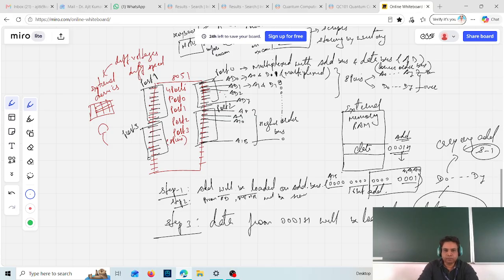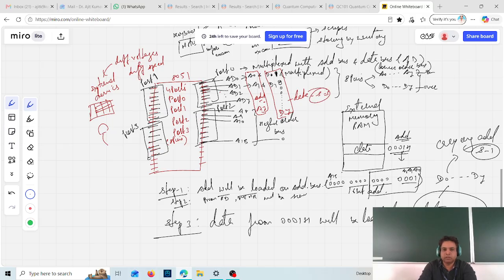See here, we have used A0, so A0 to A7 was carrying your address in step 1. But the same pins also contain D0 to D7, which are supposed to carry the data in step 3.